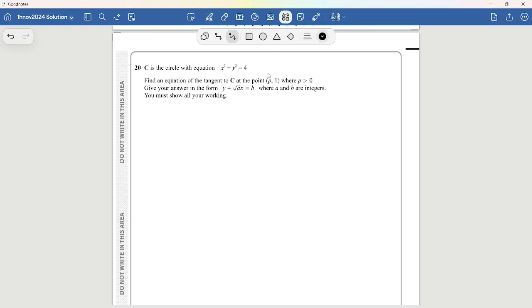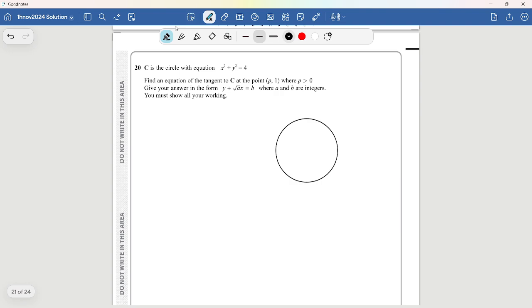So let me draw a circle here. Okay, so now the equation of the circle is given, where I can see the center of the circle is at 0, 0.